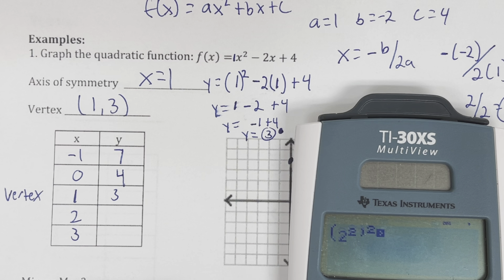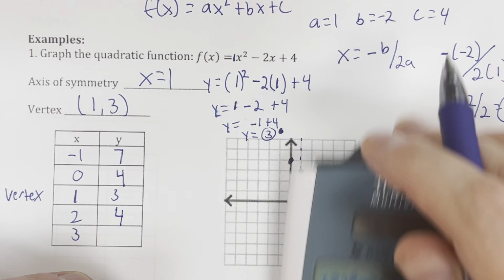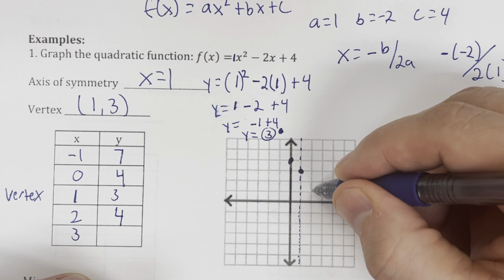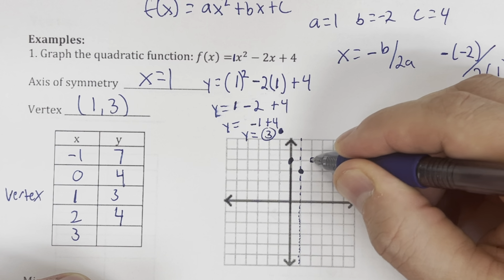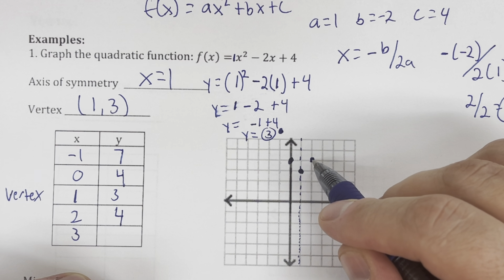I'm struggling. Big time. Parentheses 2, close the parentheses. Square it. Minus 2 parentheses 2 plus 4. And I got 4. So my next point is over 2, up 4. 1, 2, up 1, 2, 3, 4. Just like we said. It's 1 to the left of the axis of symmetry. It's 1 to the right of the axis of symmetry.